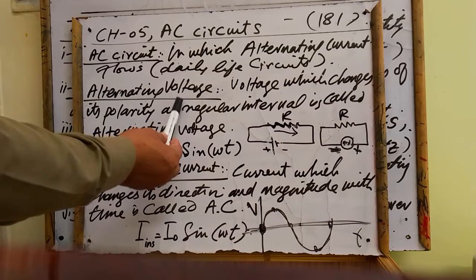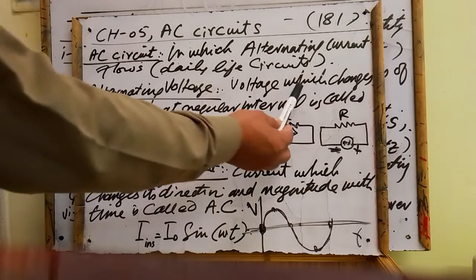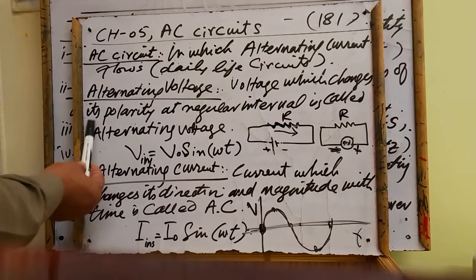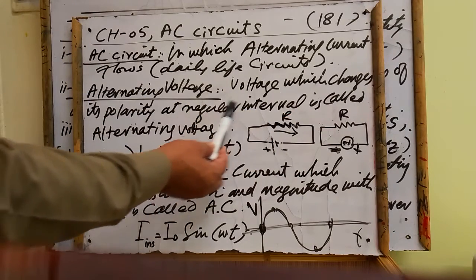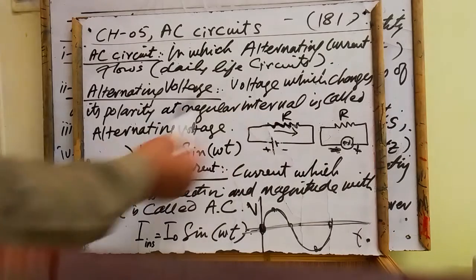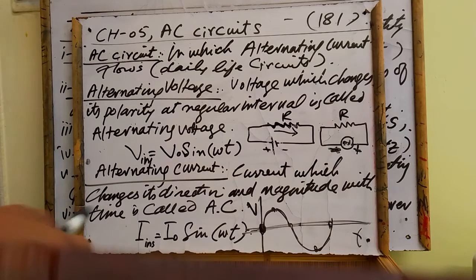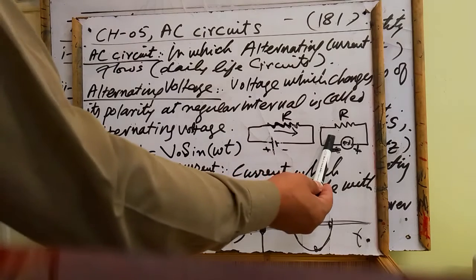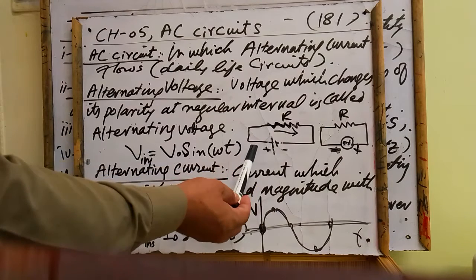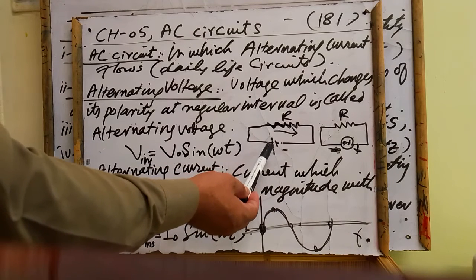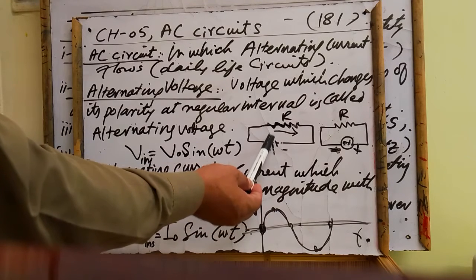Alternating voltage is the voltage which changes its polarity at regular intervals. To clear the idea, let us consider these two diagrams. In the first diagram, there are two circuit elements.